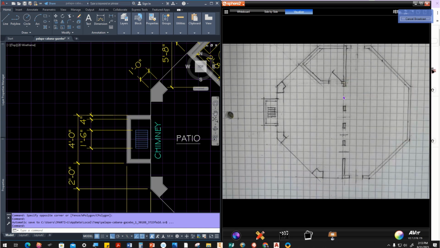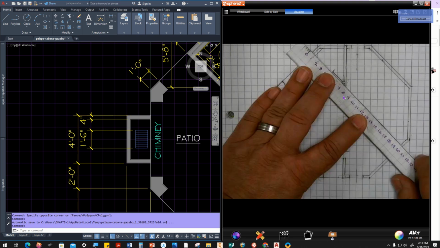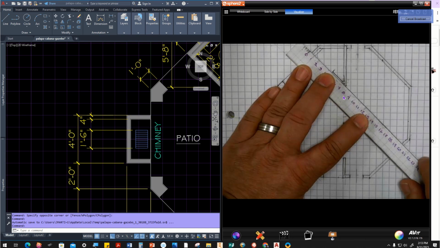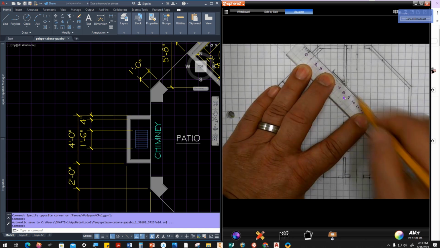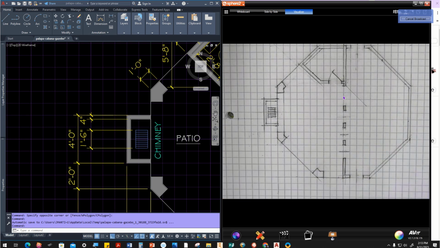Now the parts of the symbol. How did we do it? Again, a 45-degree line. You can approximate it. Draw softly. Measure it.